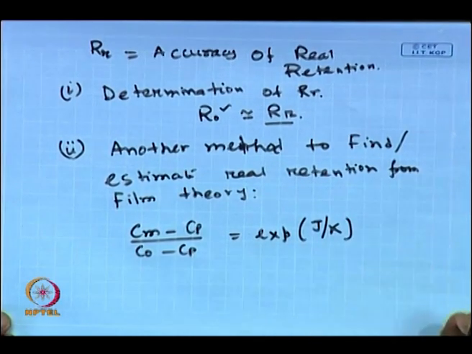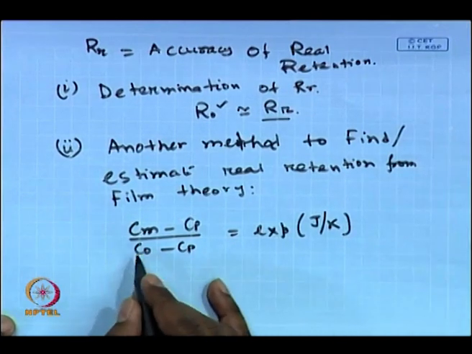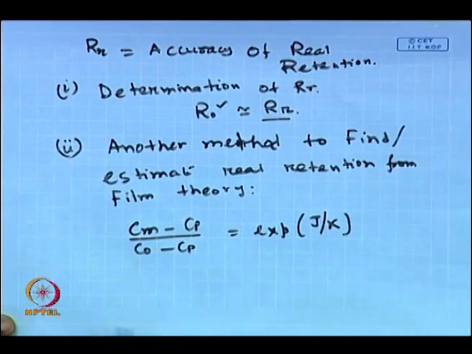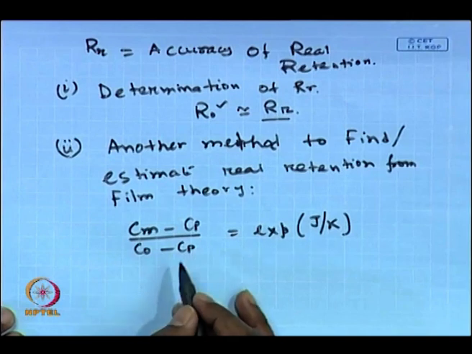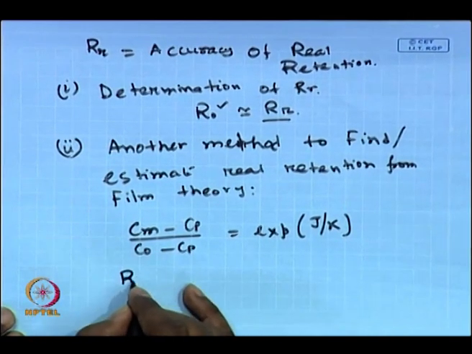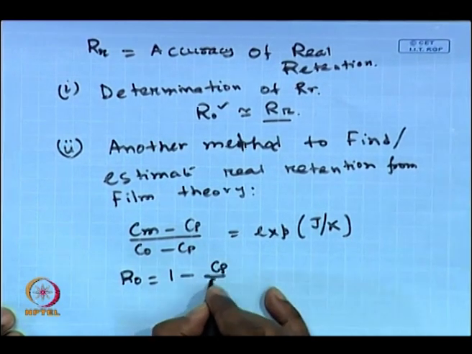Now, what will we be doing? We will substitute the definitions of real retention and observed retention and eliminate Cm and Cp. The definition of observed retention is Ro equals 1 minus Cp divided by C naught.